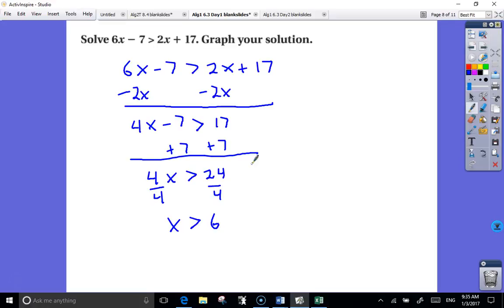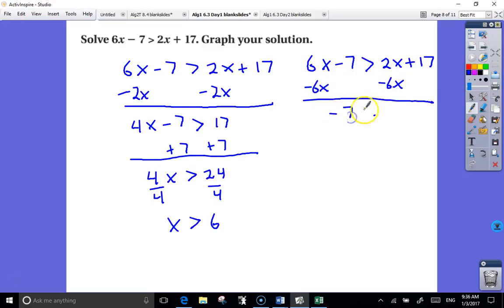Now, quiet please. Pay attention. This is why it's important to deal with the smaller variable term first. What if instead I would have subtracted 6x as a first step? Here, what if I go like this? 6x minus 7 is greater than 2x plus 17. And I say I'm going to subtract 6x from both sides.